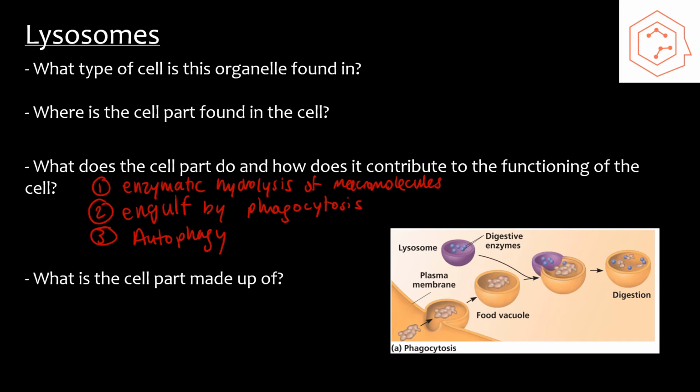The cell part is made up of a lysosomal membrane. There are specific properties to the lysosomal membrane which allow the lysosomal compartment to be more acidic than the rest of the cell.